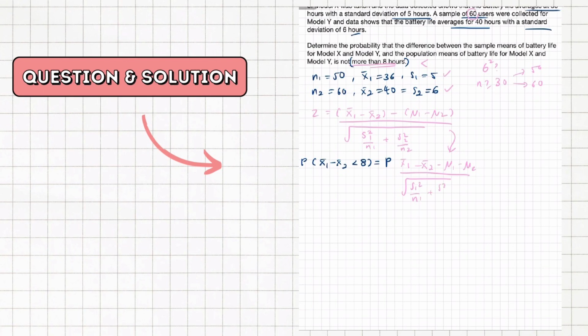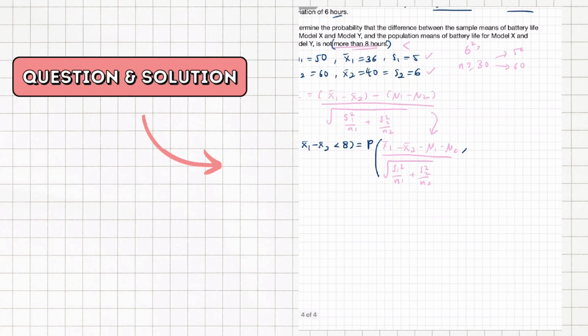S1 squared over N1 plus S2 squared over N2 less than 8 over the square root of 5 squared over 50 plus 6 squared over 60. Just plug in the values that we have above here. So don't forget the square root.